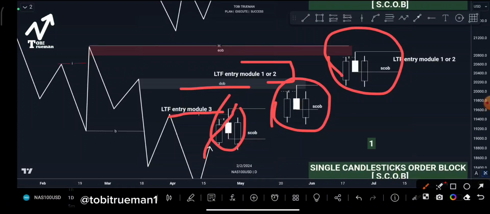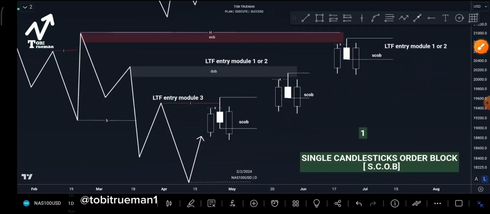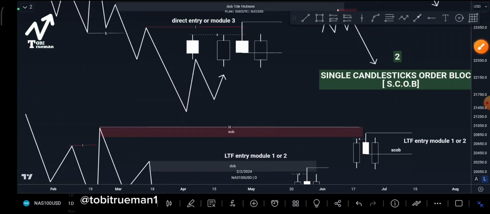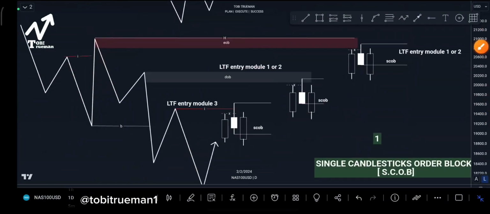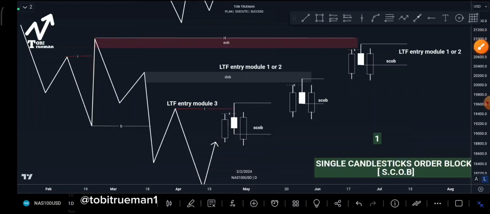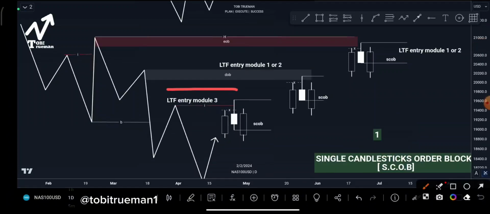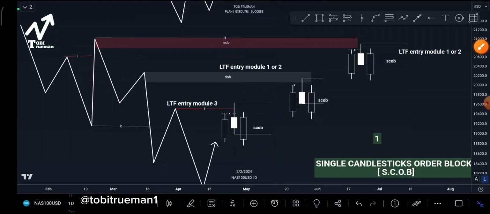Very simple as ABC. I believe as we do more case study, you will get to understand it better. This is for scenario 1 that requires lower time frame entry. Entering this type of trade directly without lower time frame entry, it can play out, but it has less probability. So this is for scene 1.